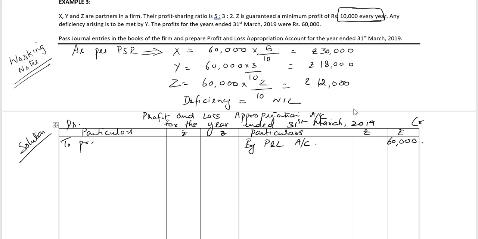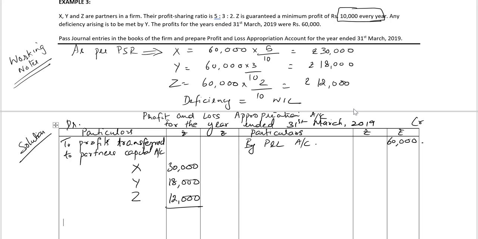To profits transferred to partners' capital accounts. X share of profit, Y and Z. X gets 30,000 rupees, Y gets 18,000 rupees and Z gets 12,000 rupees.